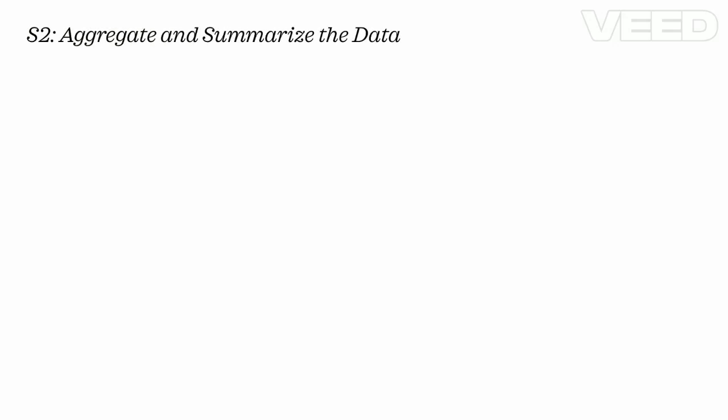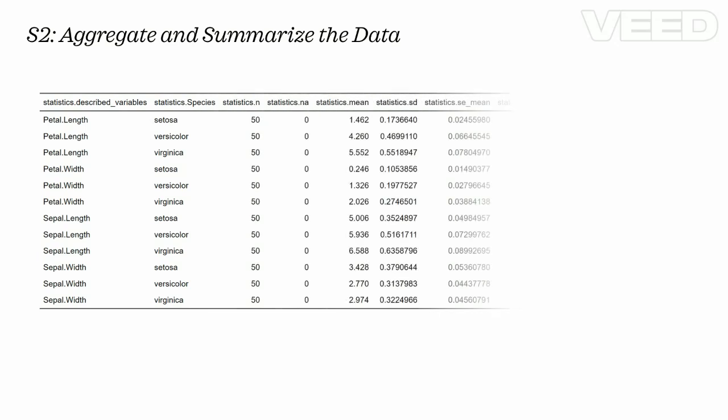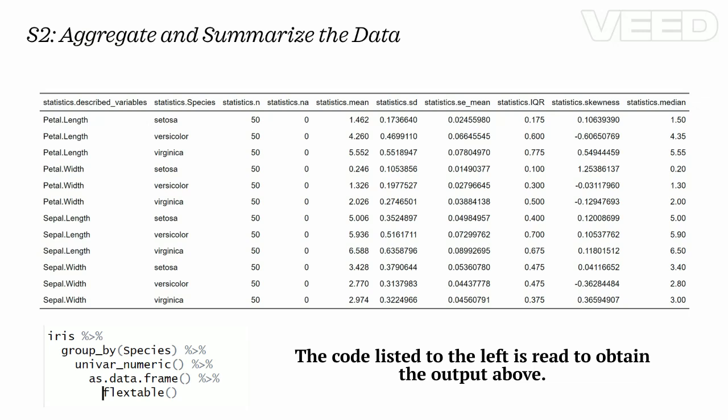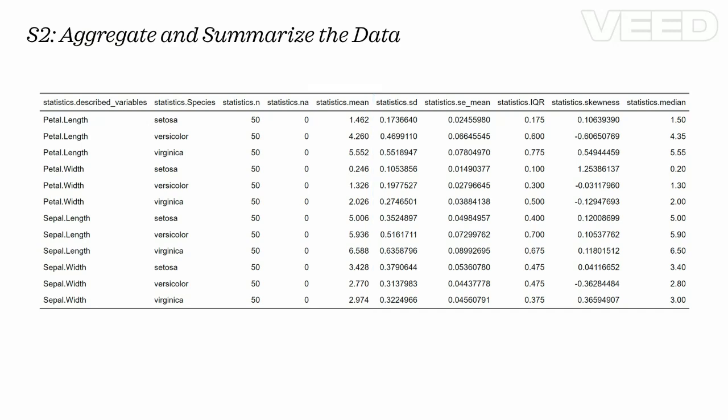So the next thing we're going to do is aggregate and group the data. So we observe that the species is a categorical variable. We can group the observations by that categorical variable, and we can apply descriptive statistical methods, including taking the average, which is observed in the statistics.mean column, taking the standard deviation, which is the square root of variance, in the statistics.sd column, and we apply this for each species.